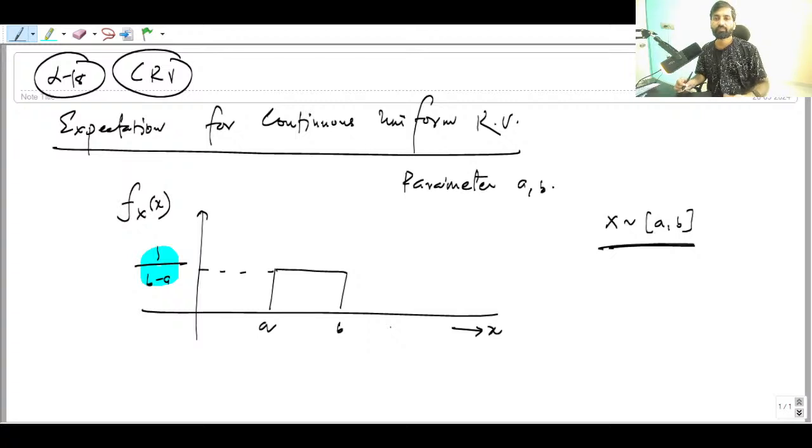Now the question is, how do we find the expectation? You know that if your random variable lies between a and b, then your expectation will also lie between a and b. So directly, in the case of the uniform density function, the expectation is going to be a plus b by 2. But let me use the formula here.